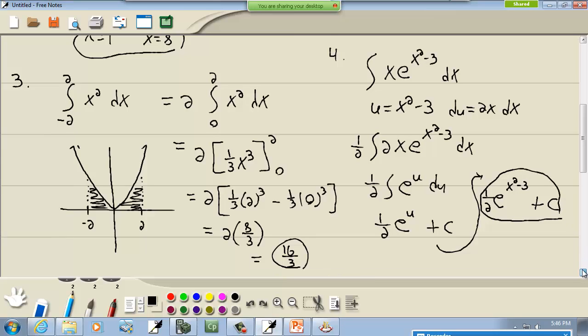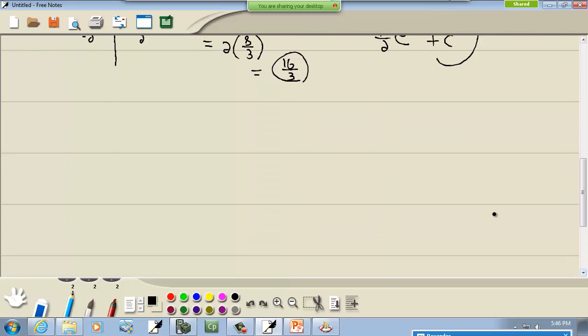Now there's other ways we can do the U-substitution. Definitely if you have e to a power, you can try to let u equal that. If you have parentheses to a power, you can try to let u equal that.